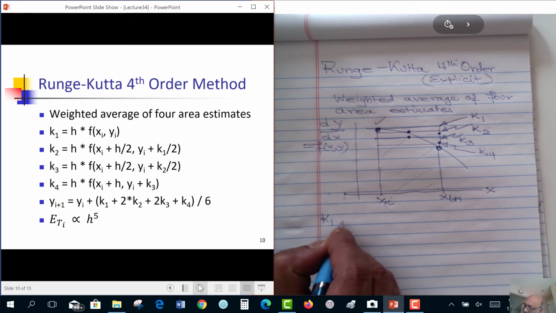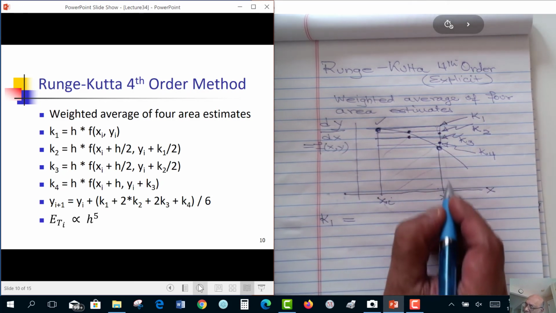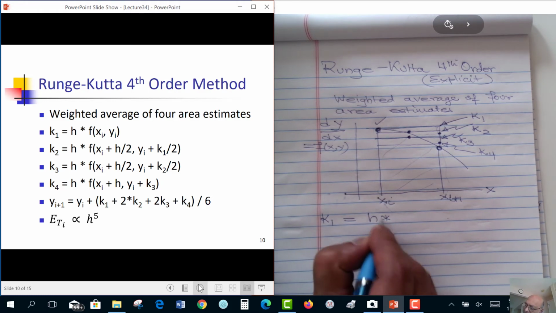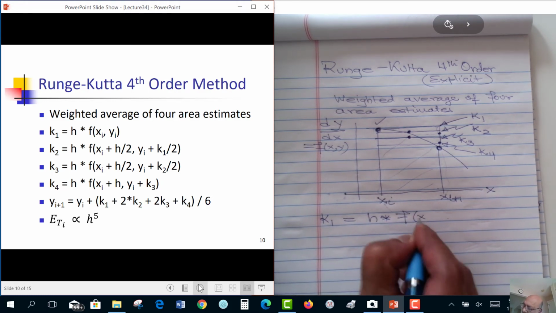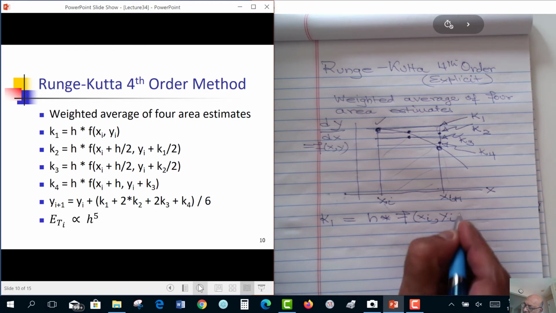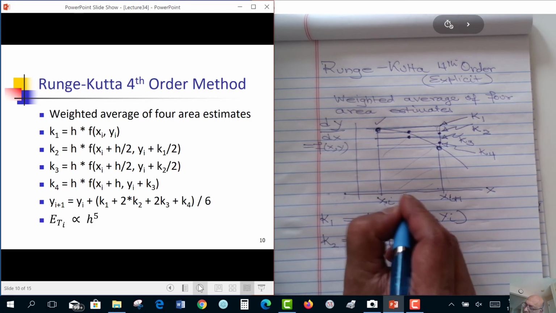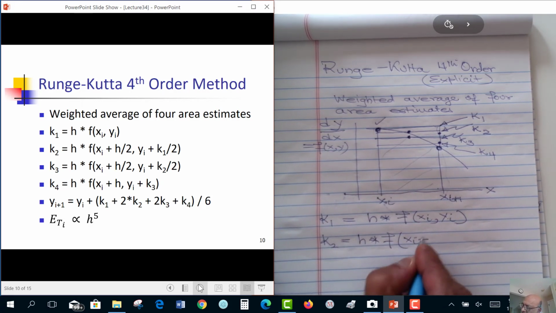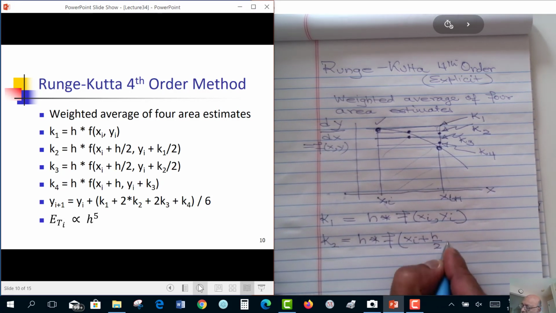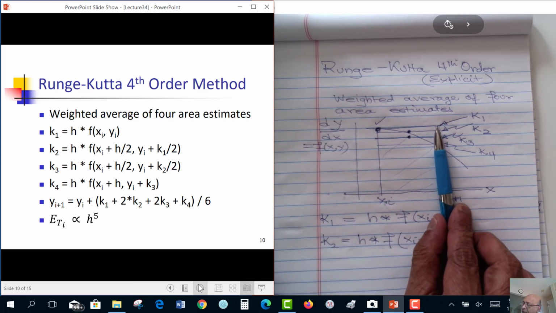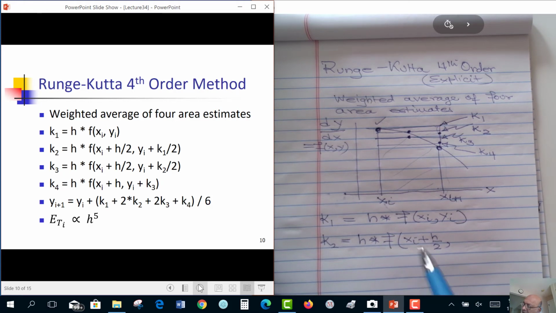So K1 is just this rectangular area, which is h times function at xi, yi. K2 is h times function in the middle, so it's xi plus h over 2. We would have used yi plus k1 as our estimate.